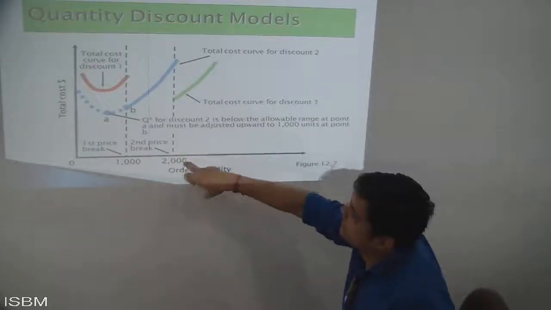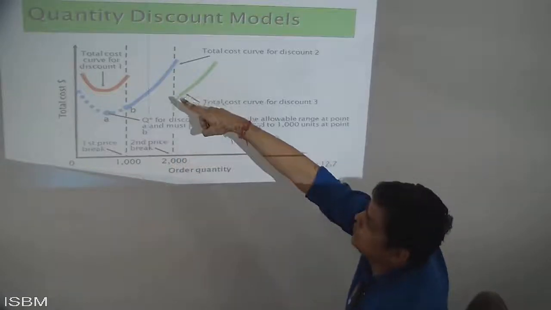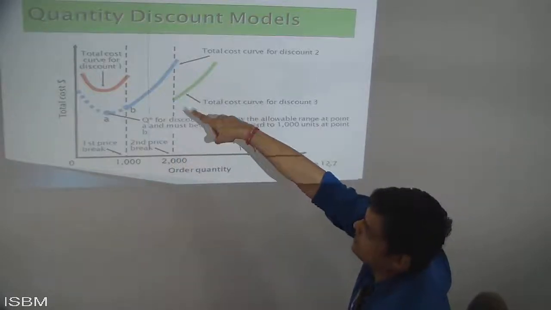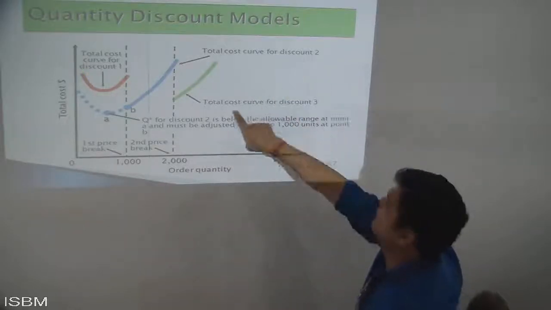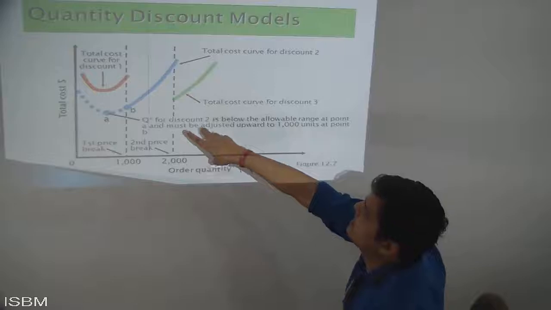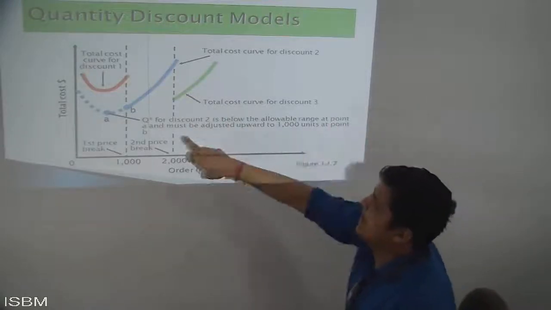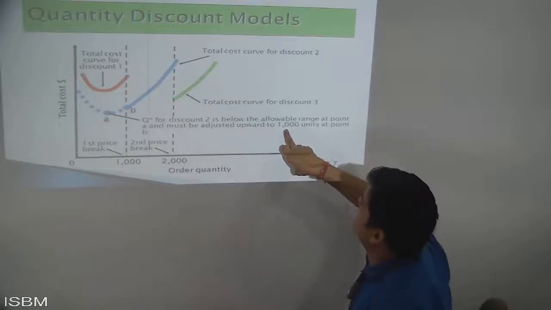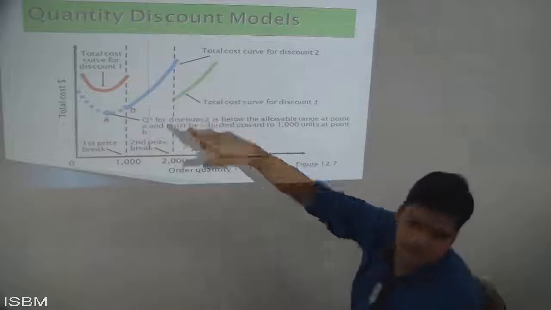Order quantity is 1000, then 2000, with the first price break over here and the second price break over here. Then there is the total cost curve for discount 1, the total cost curve for discount 2, and the total cost curve for discount 3. You can see that Q star for discount 2 is below the allowable range at point A, so it must be adjusted upward to 1000 units at point B. These are the two points, A and B.